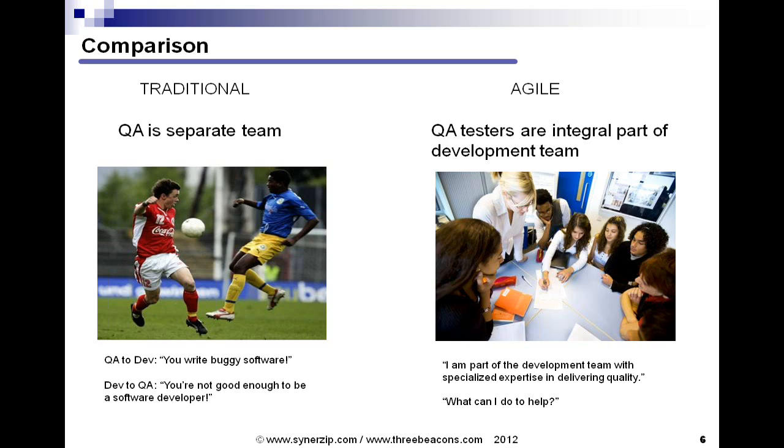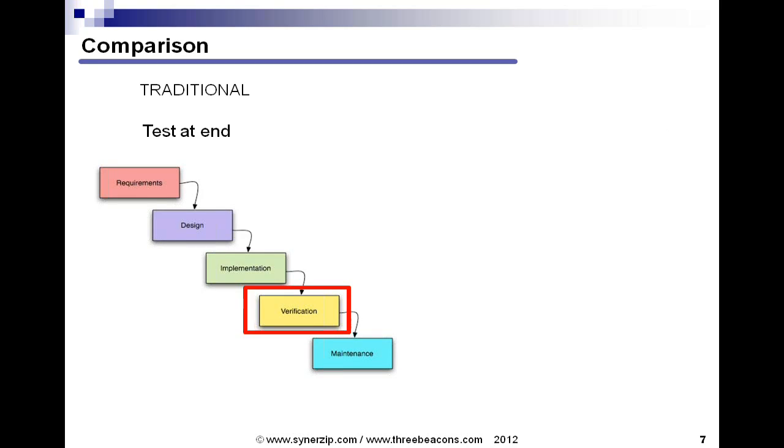Also, how can I help us ship a defect-free product? What can I do to make it easier to achieve our definition of done? And then here's another really good one. What pieces can I go ahead and automate based on what I know right now? So those are some of the questions that an Agile QA person might ask in support of helping the team achieve their committed milestone.